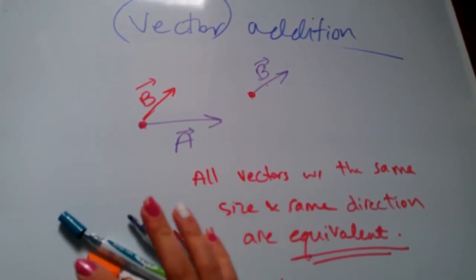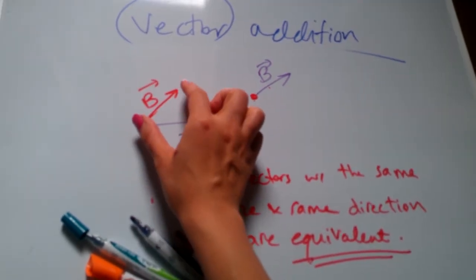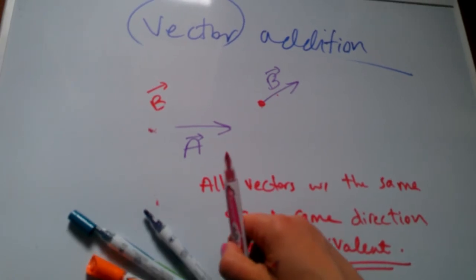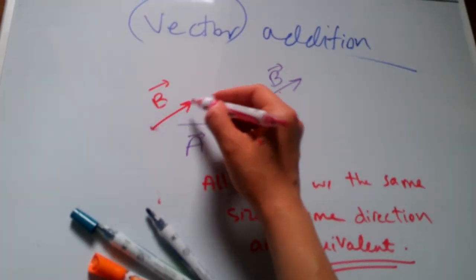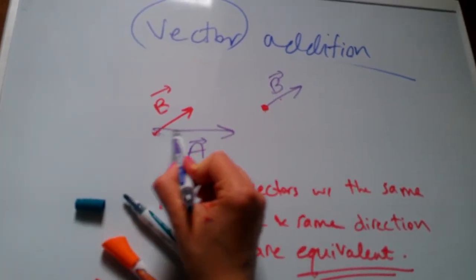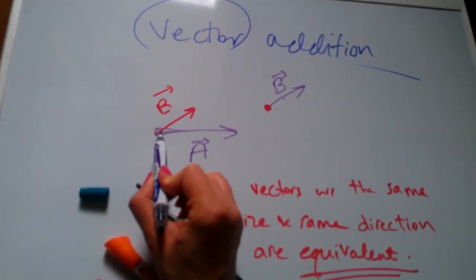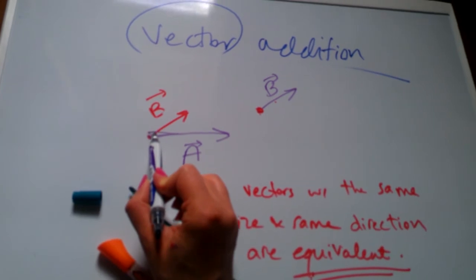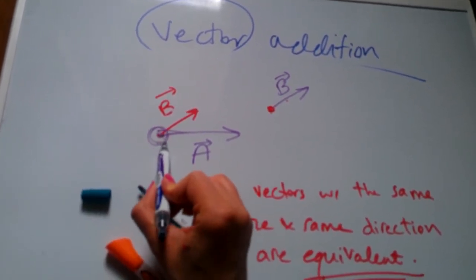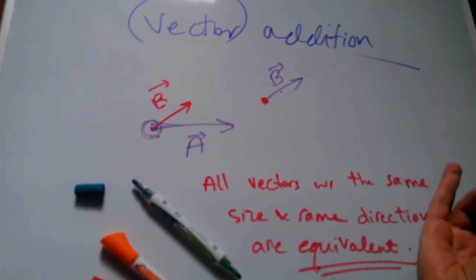Whenever you're working with a vector, if you draw the exact same vector with the same direction, you are essentially dealing with the same vector. So here we're dealing with A and B, and we're gluing the tails of both vectors. If you ever do this, this is how you get the addition of them.